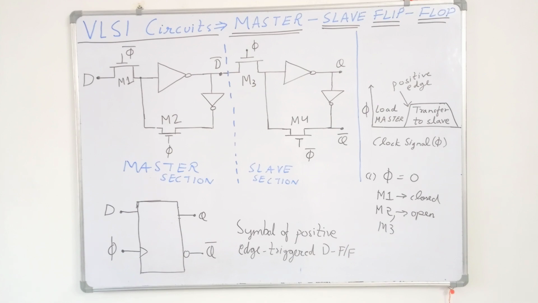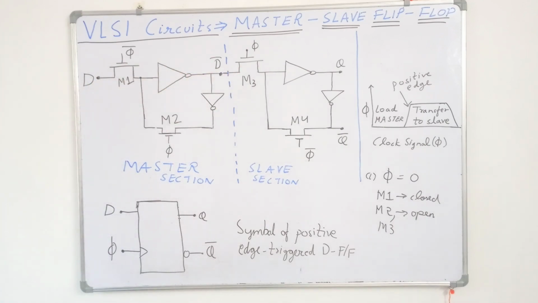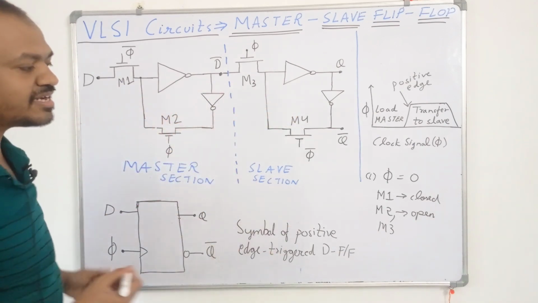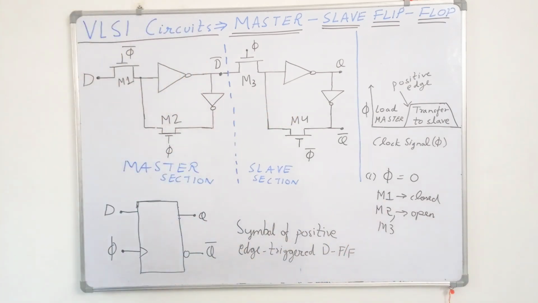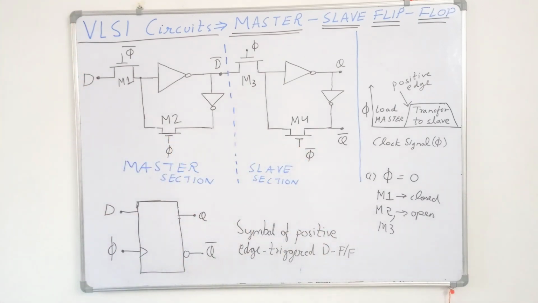During this time, M1 acts as a closed switch, and the data bit is transferred to the input of the slave section. This is the master section, this is the slave section. The master latch allows the input.